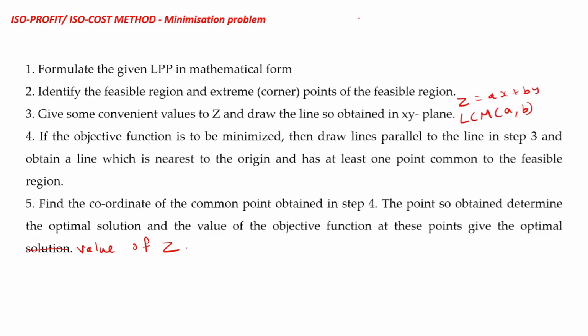In these problems that we saw, the slope of the isocost or isoprofit lines is negative. That is, if we have lines of this type, then we say that the slope of the line is negative. In all these cases, we saw the slope of the line negative.